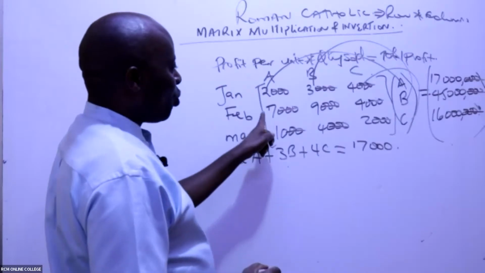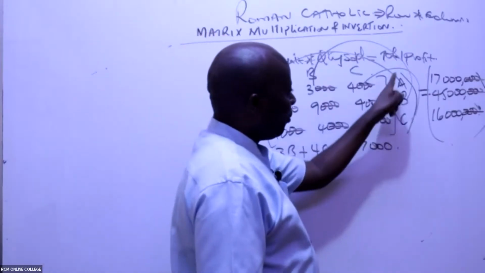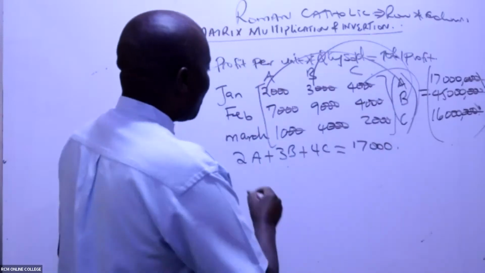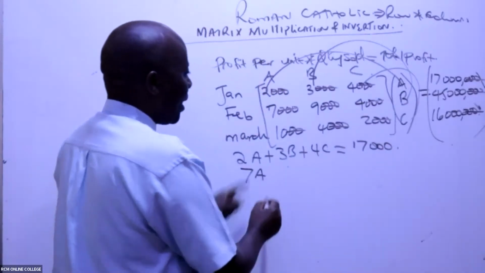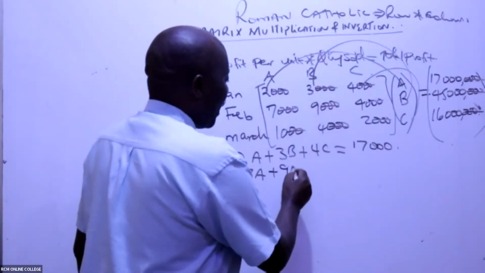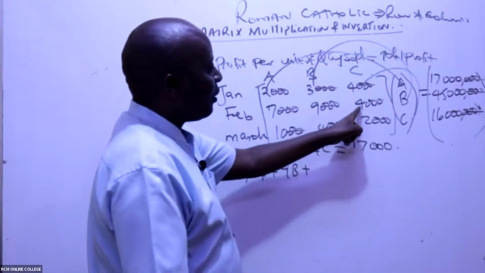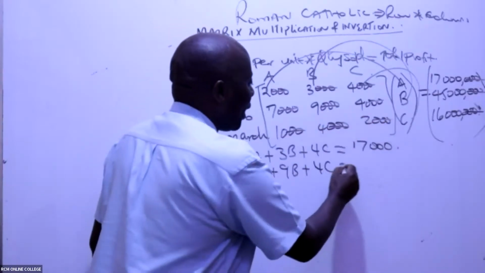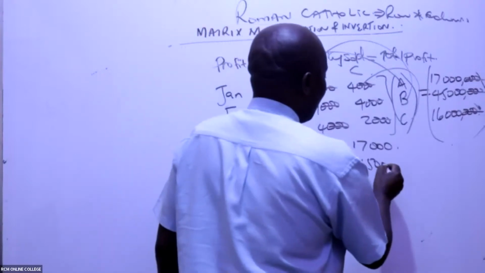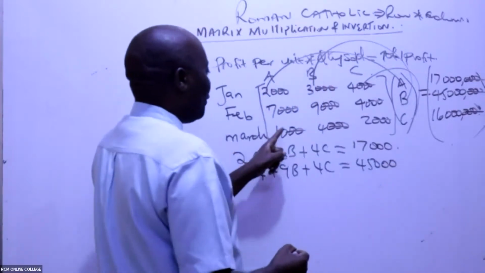Then we come to row number 2. This row 2 multiplies this column. So we have, ladies and gentlemen, 7A plus 9B plus 4C should be equal to the second value there, which is 45,000. Then we have the last row here.